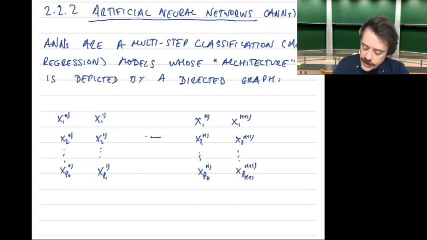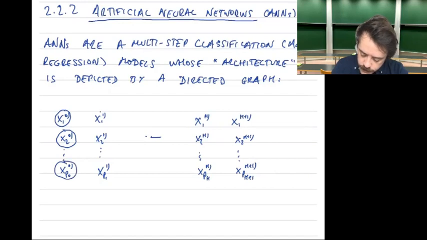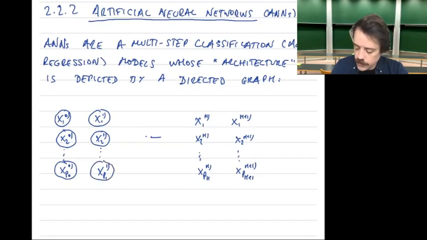Okay, so I said these are nodes, so let's just draw some circles around them. And in the context of neural networks, they're also going to be called units or neurons.